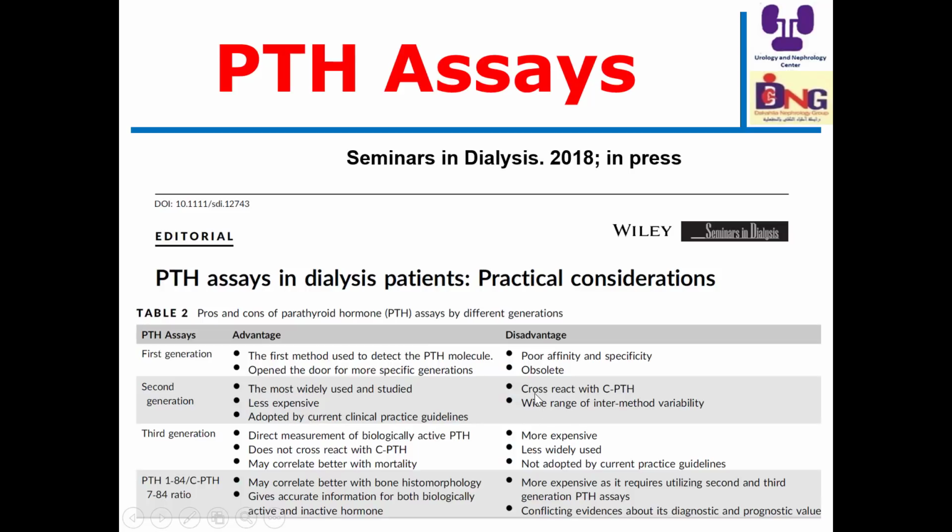However, they cross-react with C-PTH 7 to 84, and there is a wide range of inter-method variability. This is why we should concentrate on the method, intact PTH by second generation, and not only one reading, but on the trend. This is better than focusing on one reading.